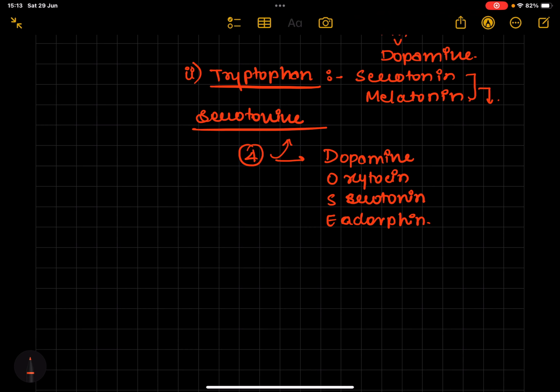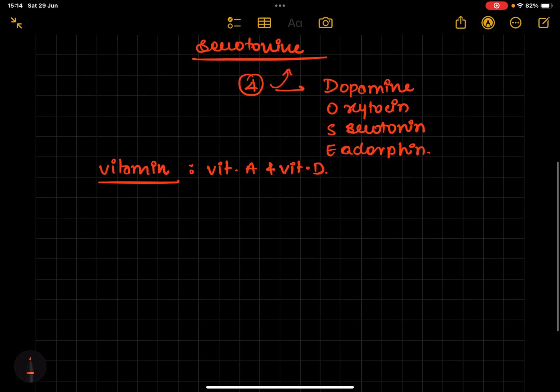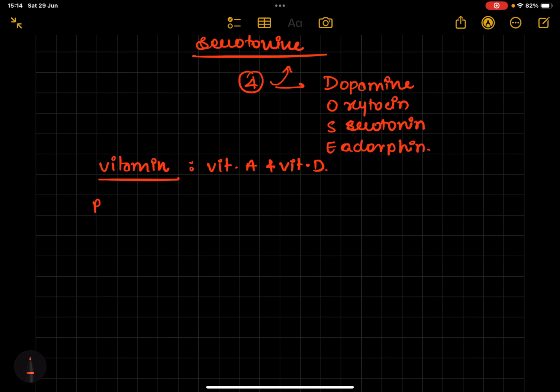Now next we have to study the vitamins that are acting as a hormone. These are vitamin A and vitamin D. Next is peptide hormones. In peptide hormones, they are classified as small peptides and large peptides.